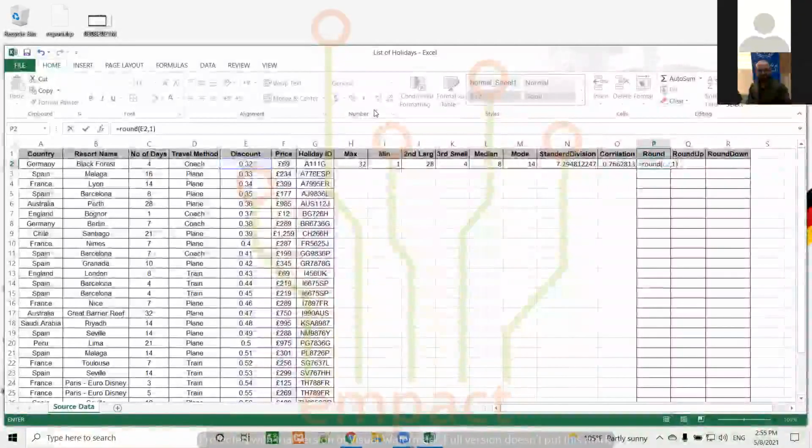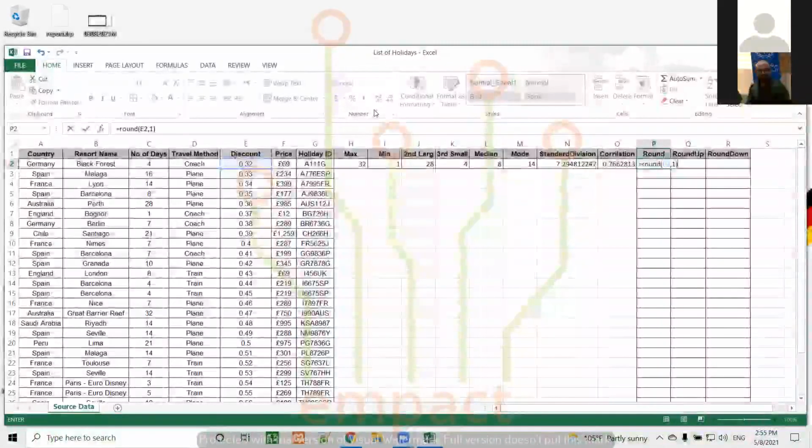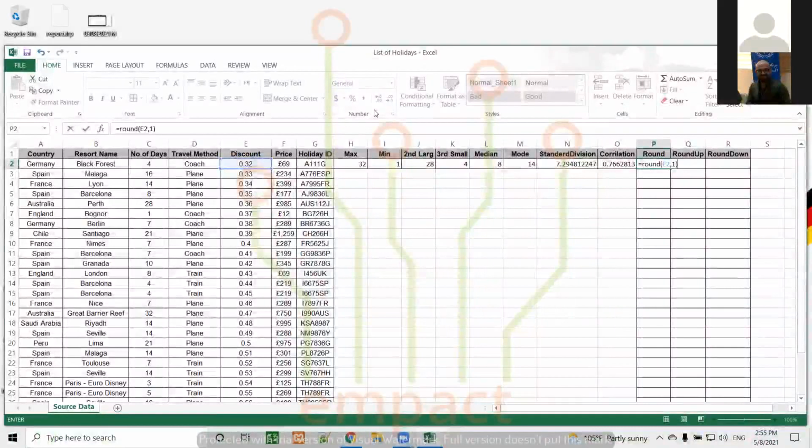So if we have 0.35, 5 is bigger than 4, so it becomes 0.4. But if we have 3.32, because 2 is less than 4, it is just ignored and thrown to the bin, and we see that it is 0.3 only.